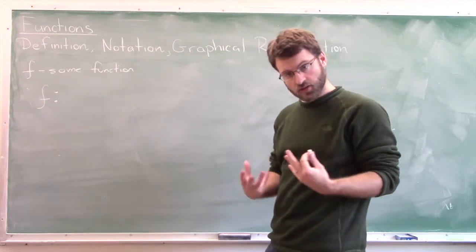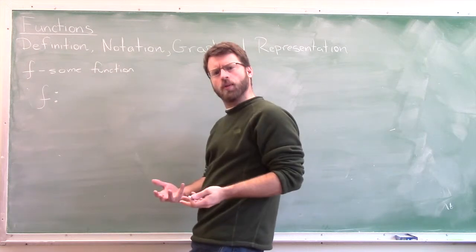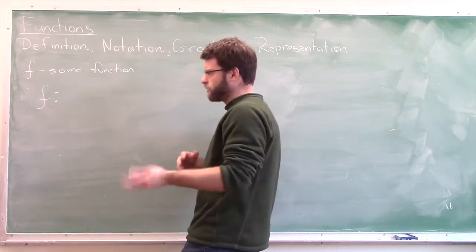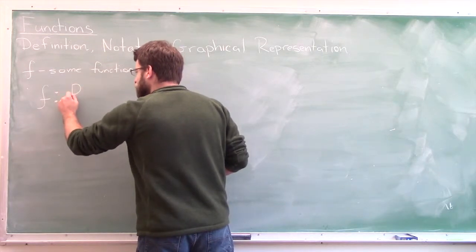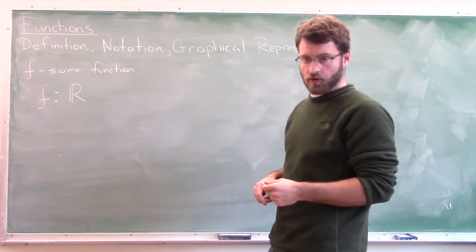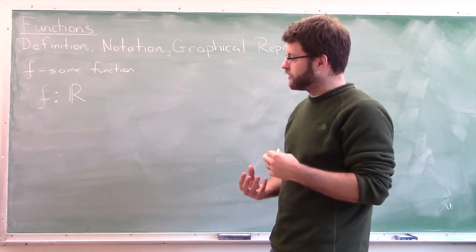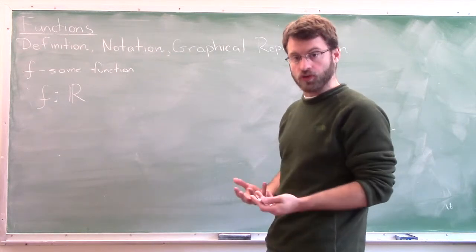And we have special terms for those. In the examples that I'm going to use, I'm just going to use real numbers as an example for an input set and an output set. And I'm going to notate that with a capital R with a double vertical line. This is a standard shorthand notation in mathematics for the set of all real numbers.